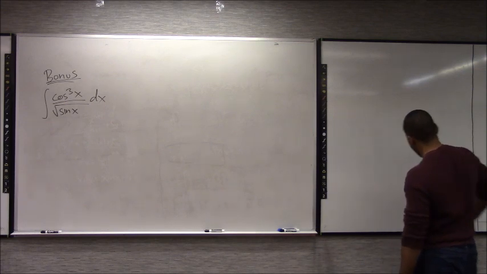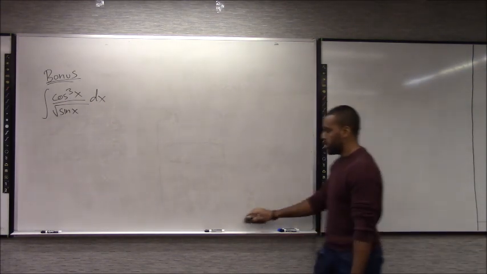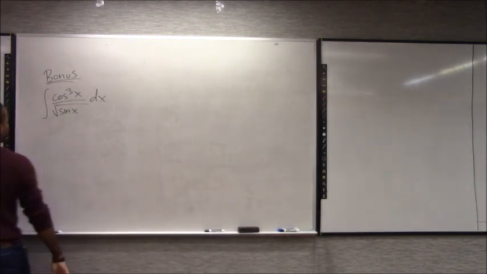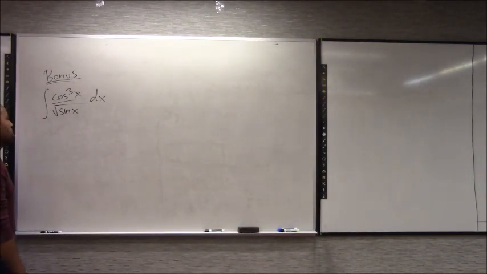So it doesn't quite fit any of the previous situations that I mentioned, like the power of cosine to some integer and the power of sine to some integer. But you might be able to do something similar. What are you guys thinking?